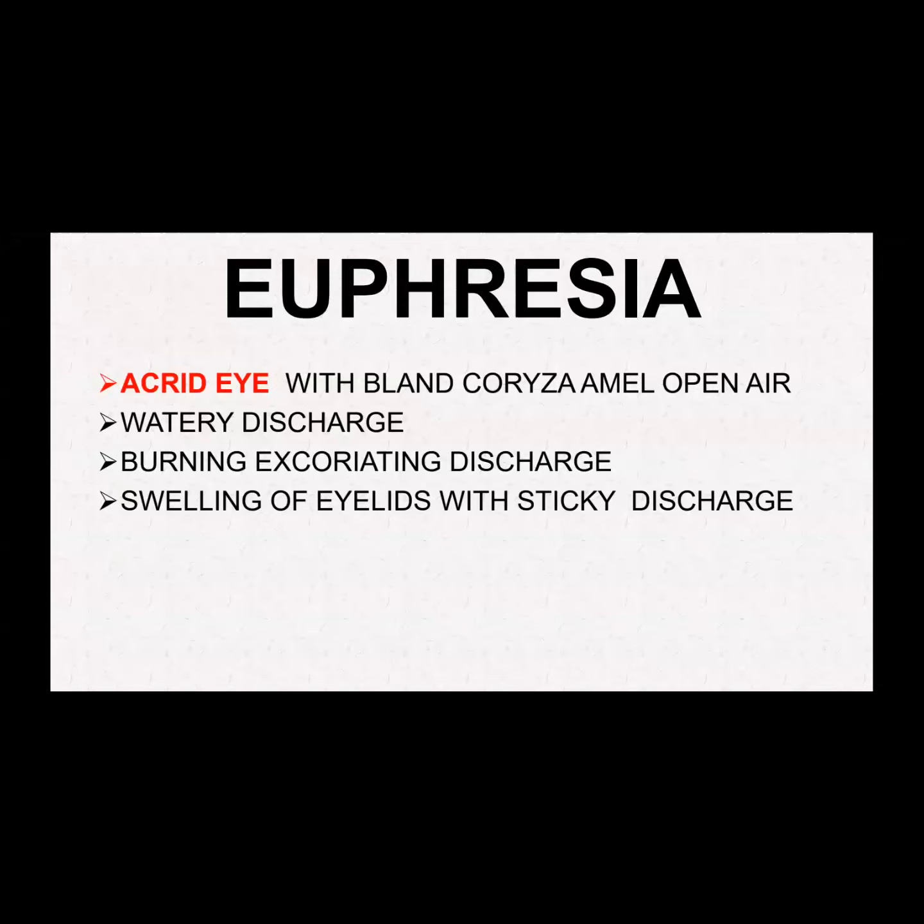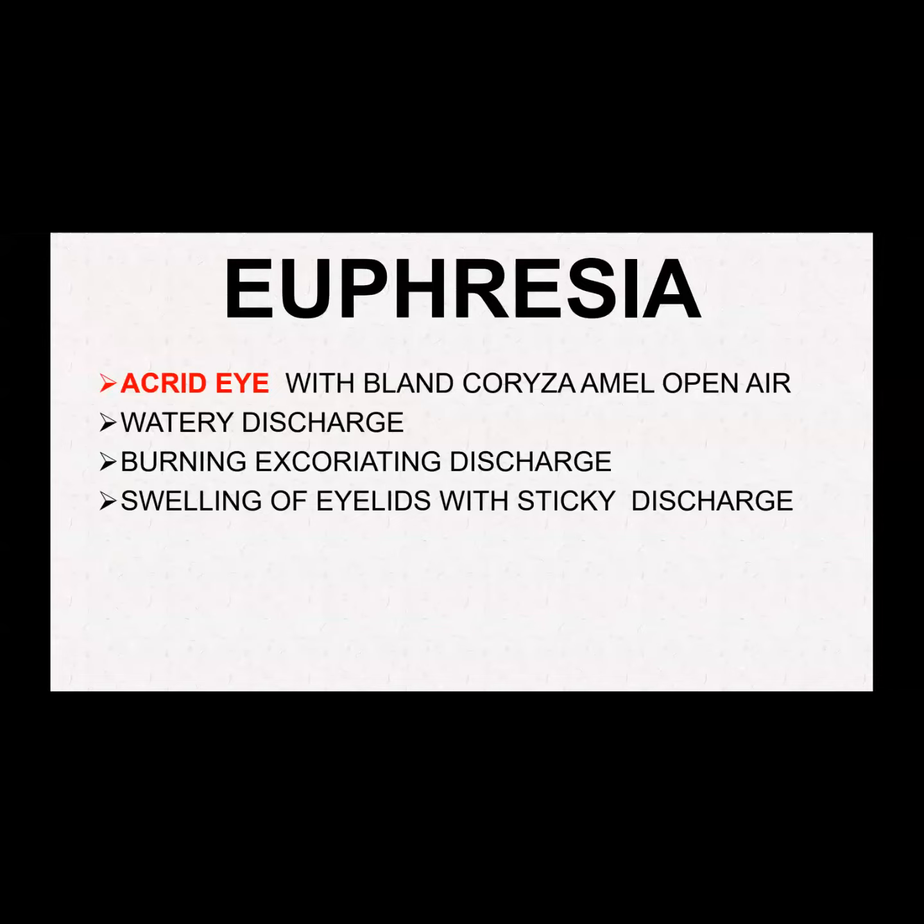Now the pathology has just started, so till now there is not so much suppuration or pustular formation. The eyes will not yet be so sticky; it will just start to reach that stage. The discharge will be watery, burning and excoriating, because the eye produces an acrid discharge.